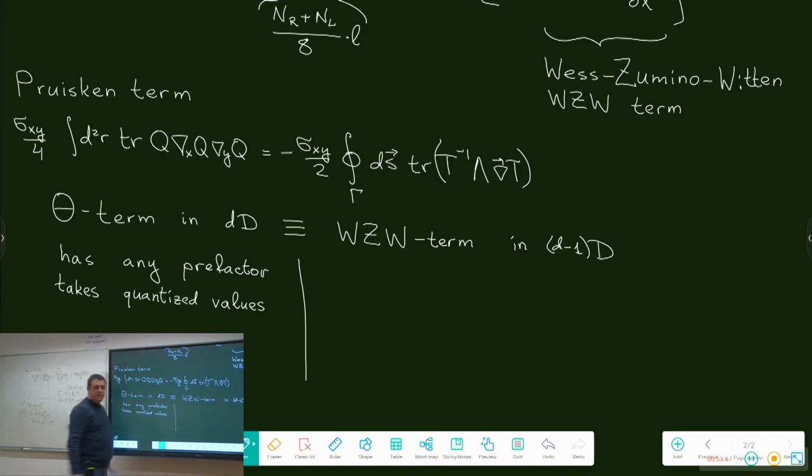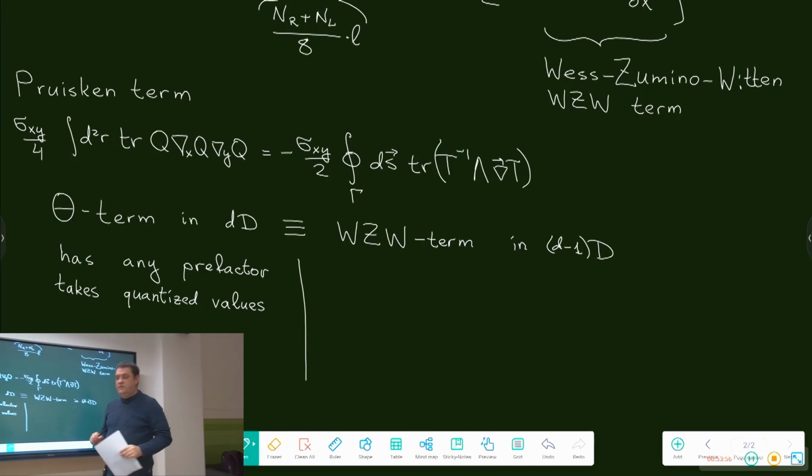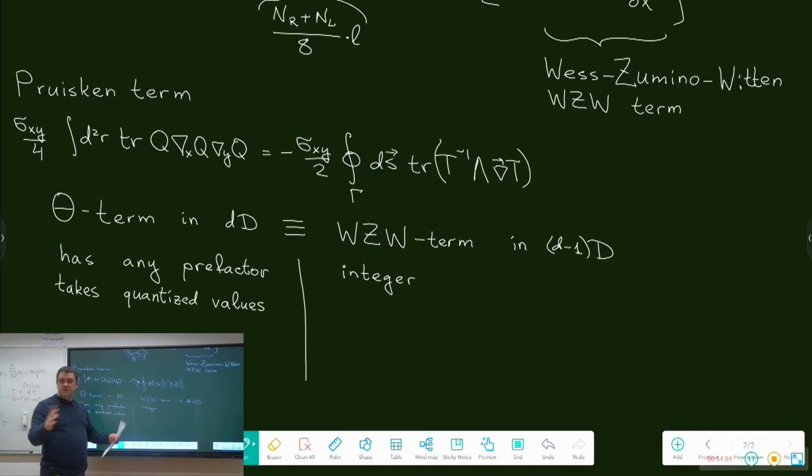Now, the WZW term, in the one-dimensional theory, which is just here above the edge, has an integer prefactor. It can have only an integer prefactor, which is the number of channels, right minus left, an integer number.